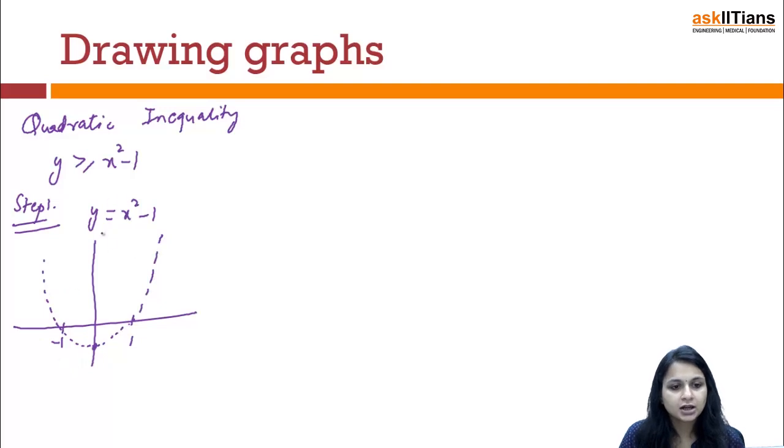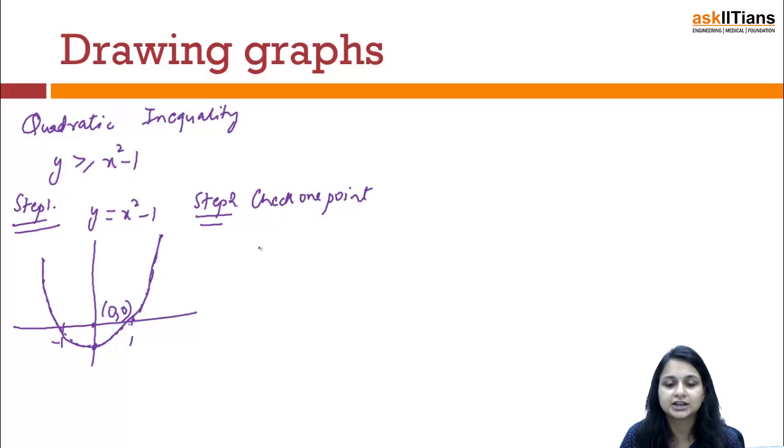Now I want to understand whether the region would be, now because it is greater than or equal to, I will be drawing this firm line, not the dotted one. The only thing which I want to understand is whether it would be the region inside the graph or outside the parabola. So let me consider one single point, say origin. So step 2 would be, I will check one point. Now this one point can be anything, it can be origin or any point that you can infer.